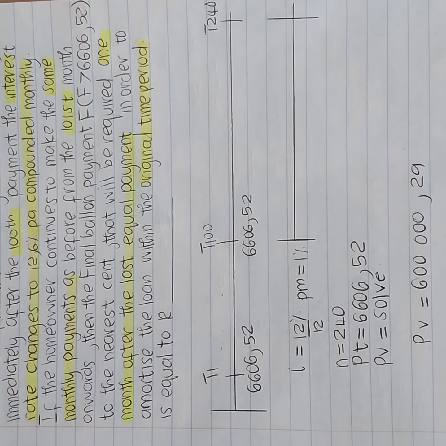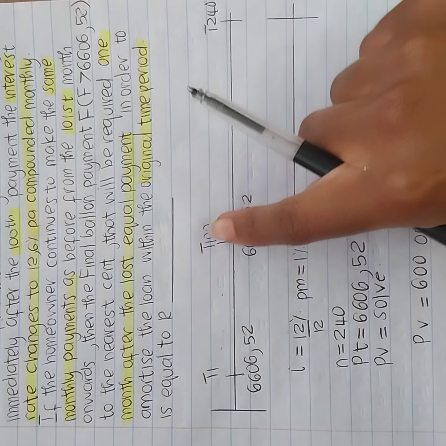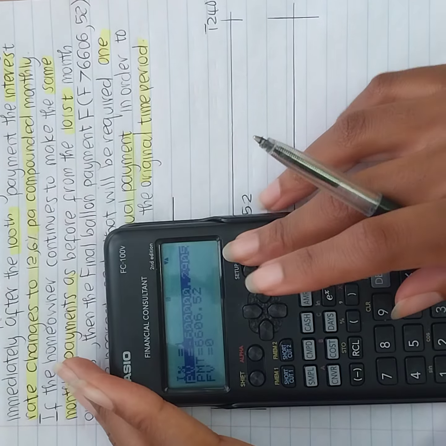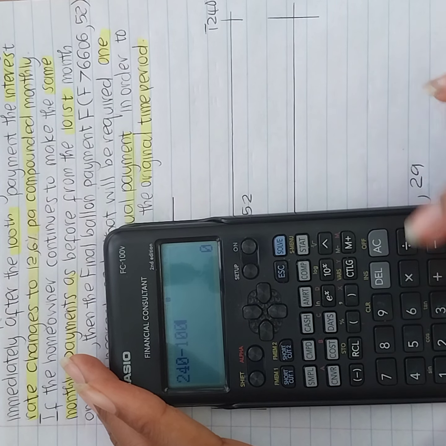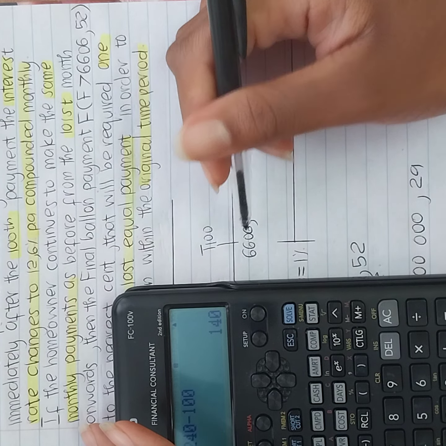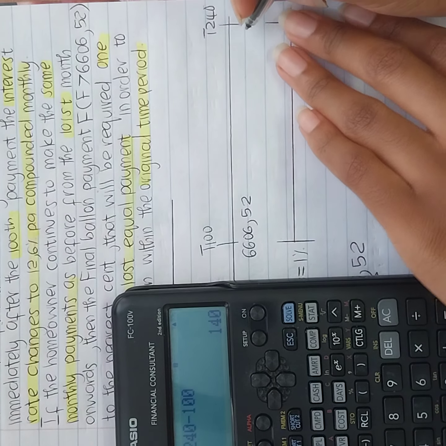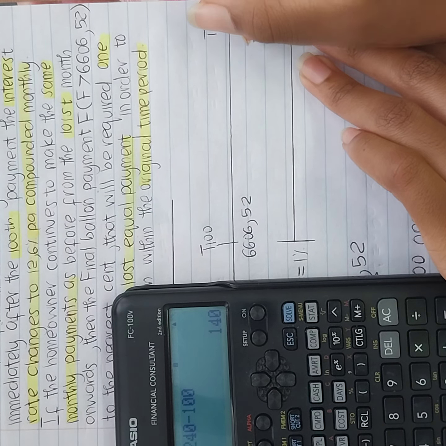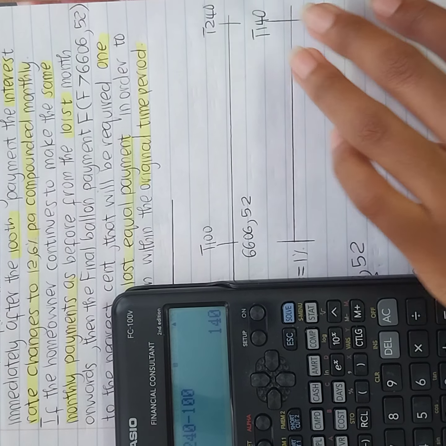For the very fact that they said within the original time period, it means that F is at T240. But in the new timeline, it's going to be something different because remember I'm at T100. So I need to say 240 minus 100, where it is ending, minus the present value. So it is going to end at T140 within the same time period.